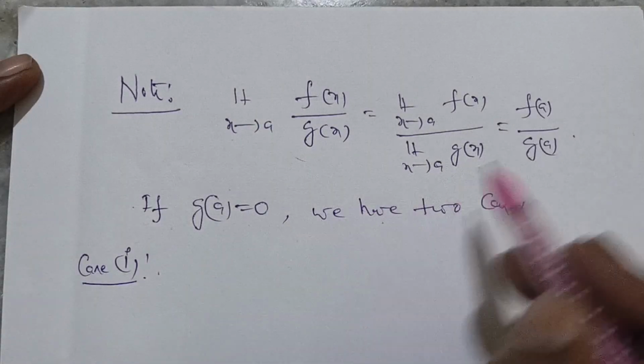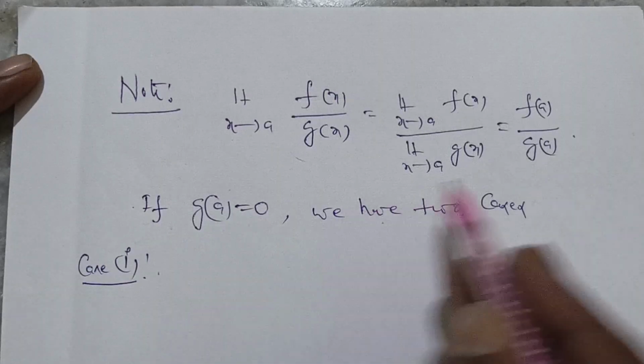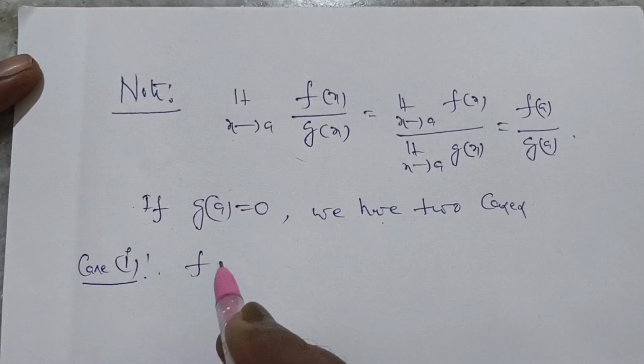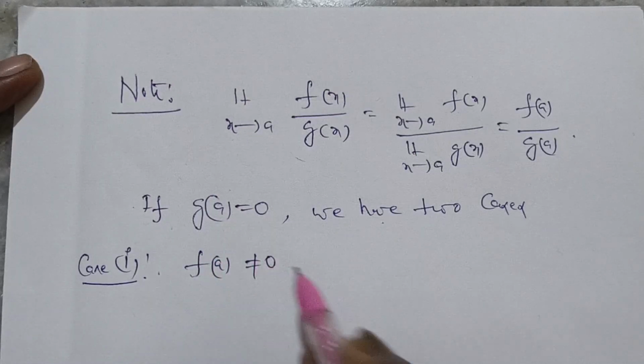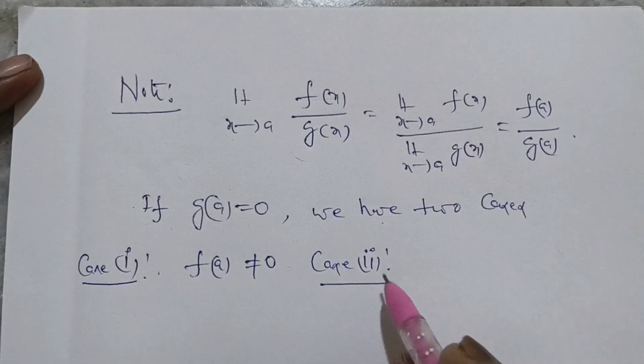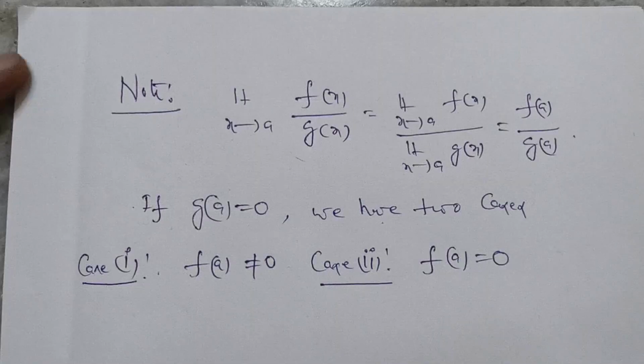What are the two cases for numerator? Suppose the numerator value is f of a. Case 1 is if f of a not equals 0. Case 2 is f of a equals 0.